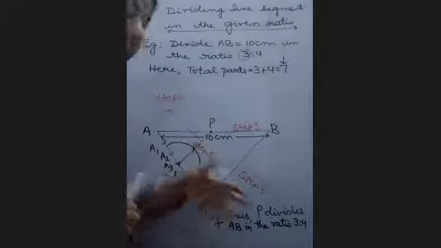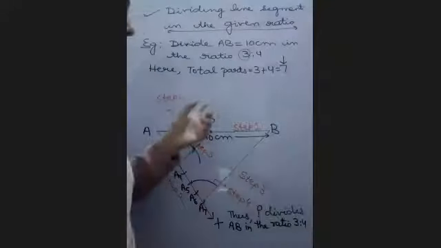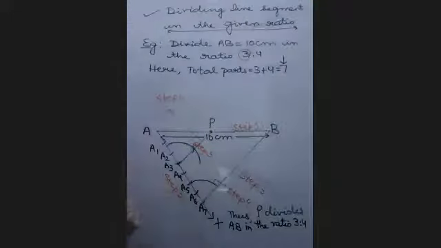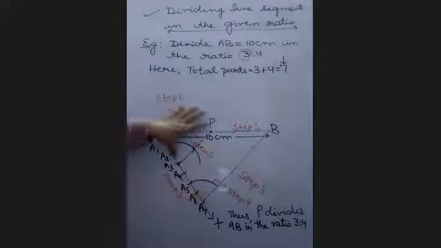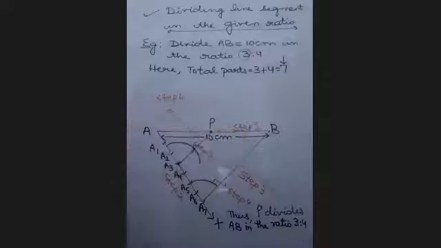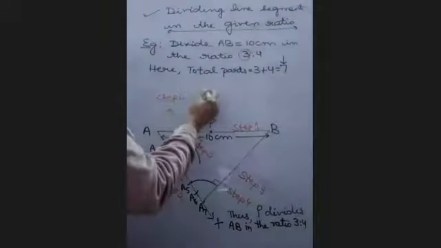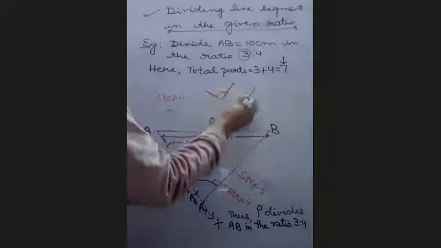What have we done and why we have done and why we are claiming that P is the exact point that divides it in the ratio 3:4. Please see to it, children. Do you believe if these two angles are equal, then A3P will be parallel to A7B? Tell me, what kind of angles we have made? What kind of angle we have made equal?